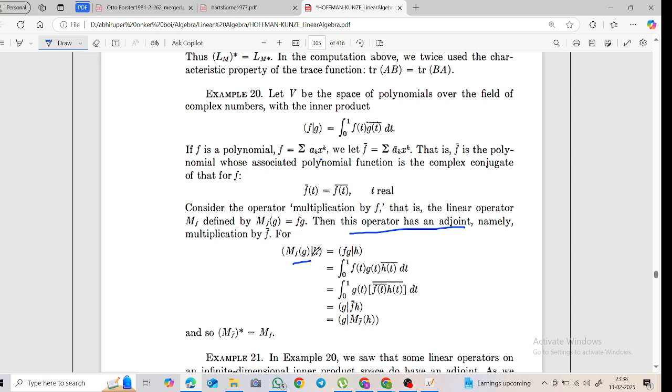So M_f g inner product h is fg inner product h, so on and so forth, and you end up getting this. So it's not like no operator on an infinite dimensional inner product space will ever have an adjoint. It may or may not have it.